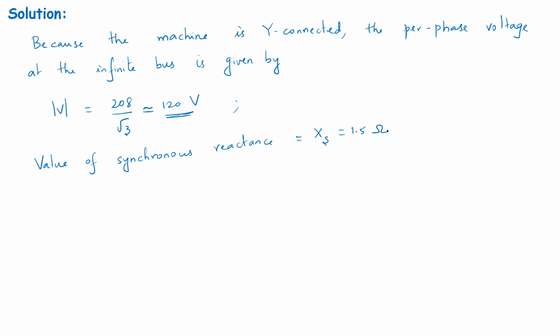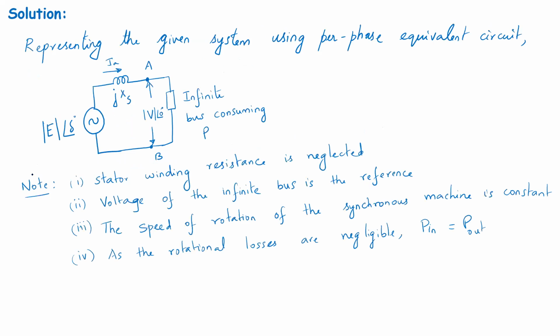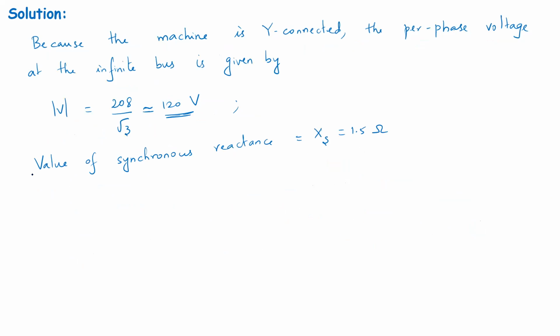1.5 ohms per phase. Okay, so this is also known. Now, whatever I have done so far, I have represented the given system. I have summarized some of the salient points mentioned in the problem statement, and I have synthesized the per phase voltage of the infinite bus, because we know that the machine is star connected.